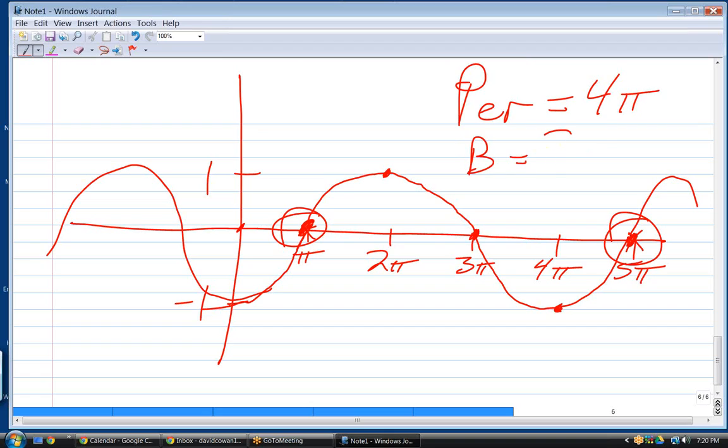B is equal to 2 pi over the period. So b is 1/2. If you ask me to write the equation from this graph, I would be able to see that the period was 4 pi, which means b is 1/2.